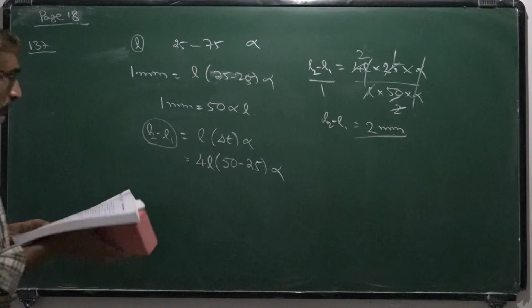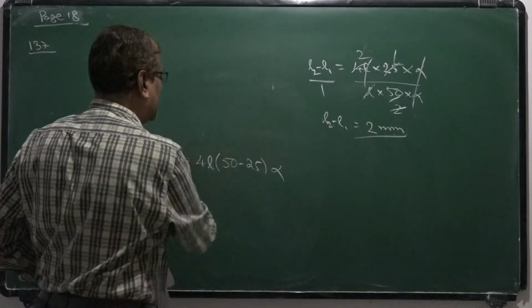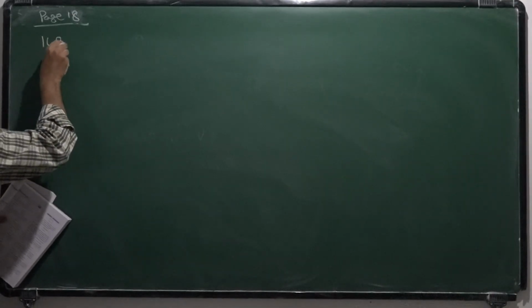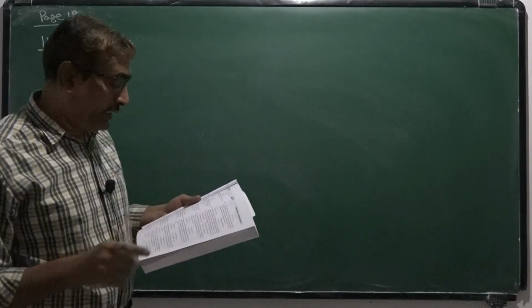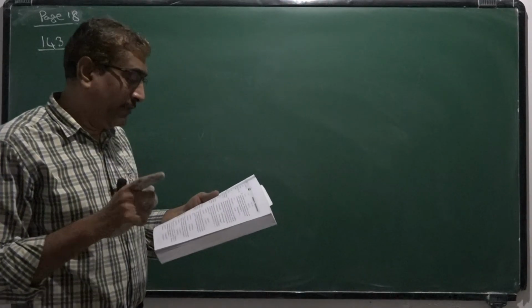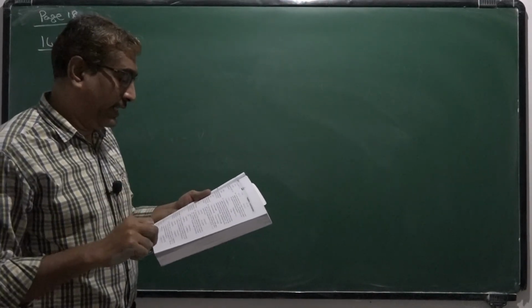Okay, 143. A thin brass sheet at 10 degrees centigrade and thin steel sheet at 20 degrees centigrade have the same surface area.